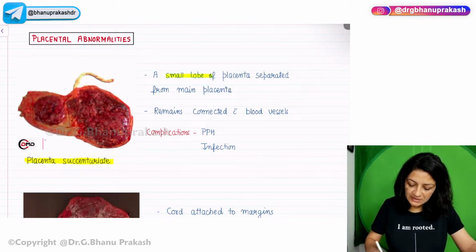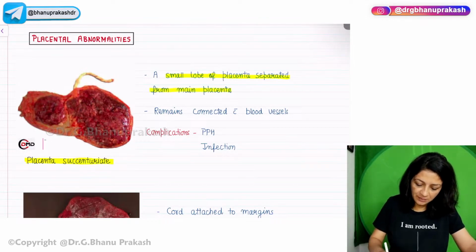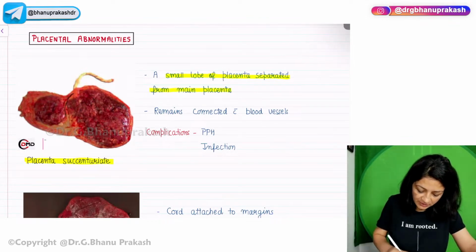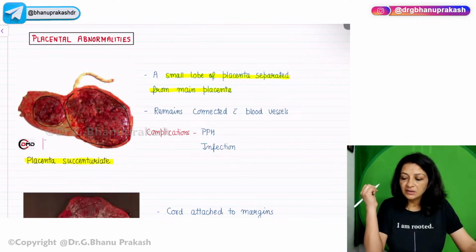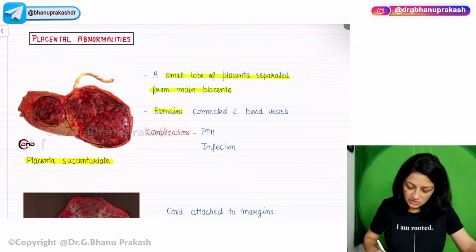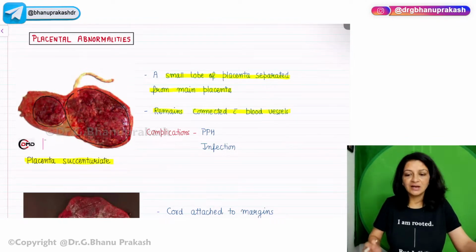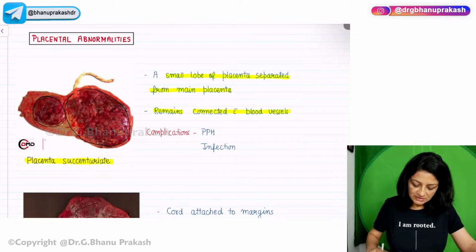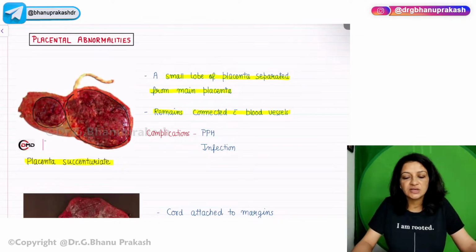You will see here, this one is the placenta and what is this? Small lobe of placenta. It is separate but remains connected with blood vessels. So this is called placenta succenturiata.